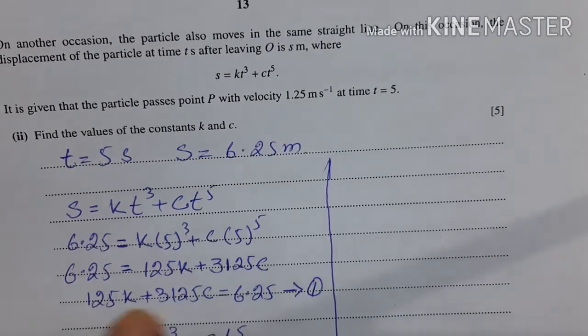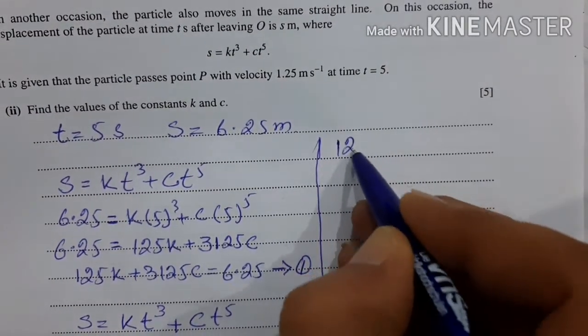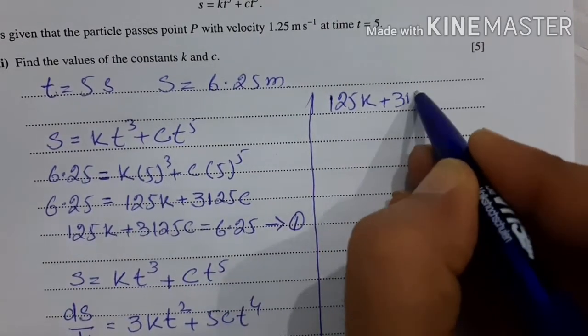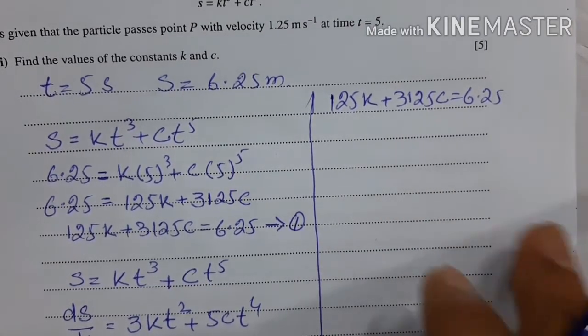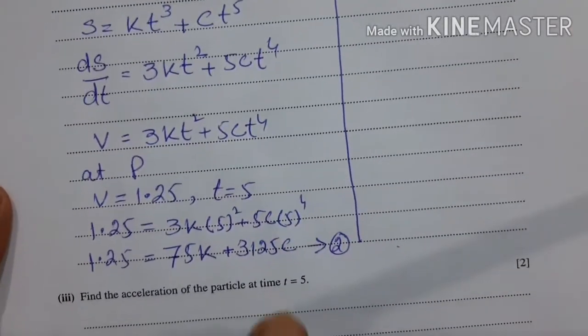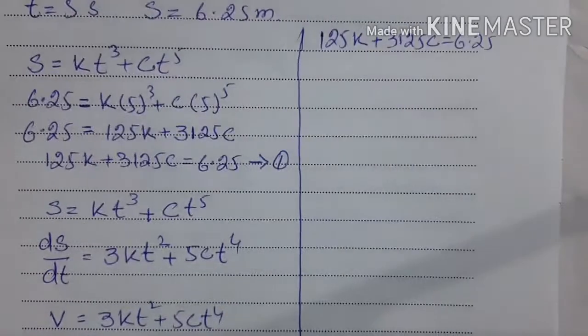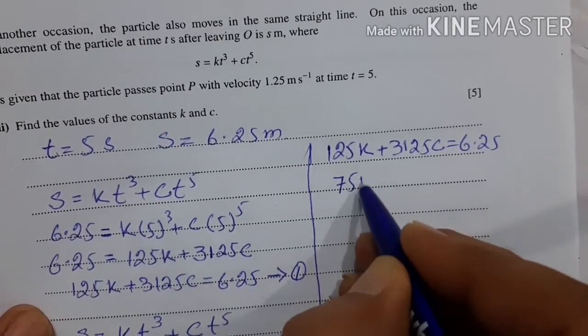First is 125k plus 3125c is equal to 6.25. The second is 75k plus 3125c is equal to 1.25.